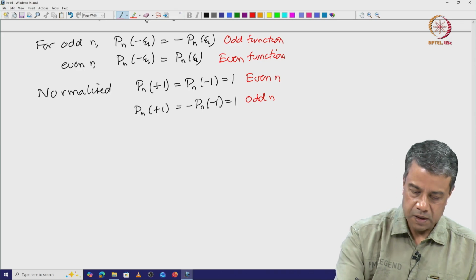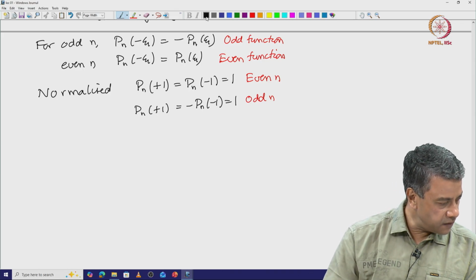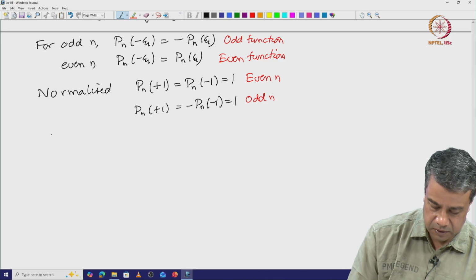And once you identify these normalizations, these also satisfy orthogonality relations.